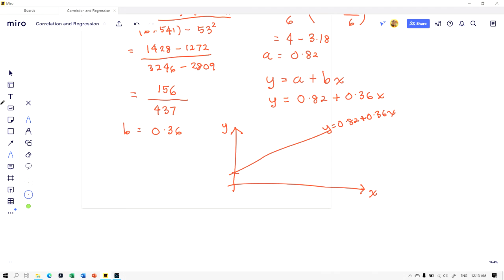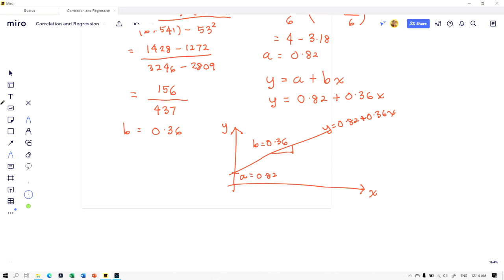The y-intercept is the a value, and the a value is 0.82, and the slope is b, and the value for b is 0.36. Okay, so there we have it.